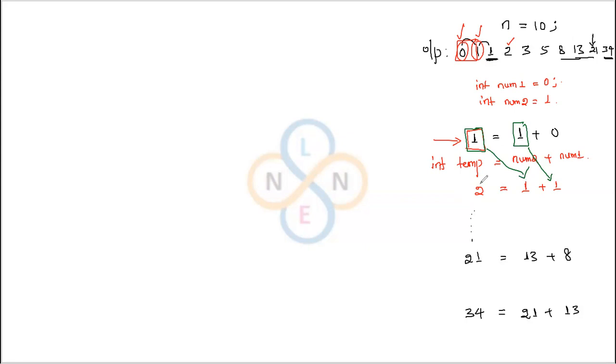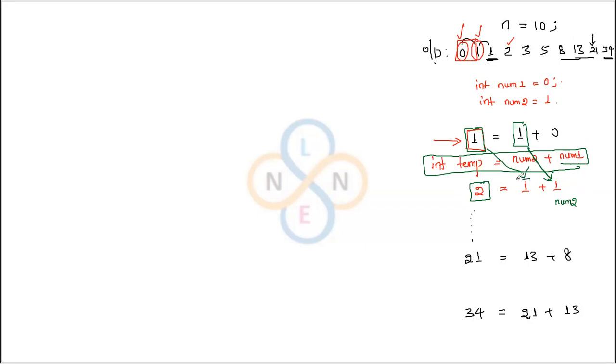Correct? And again, we are storing the result back to some other variable. Now in place of this num1, in this step I'm talking about, which number is coming? Num2's value is assigned to num1, correct?